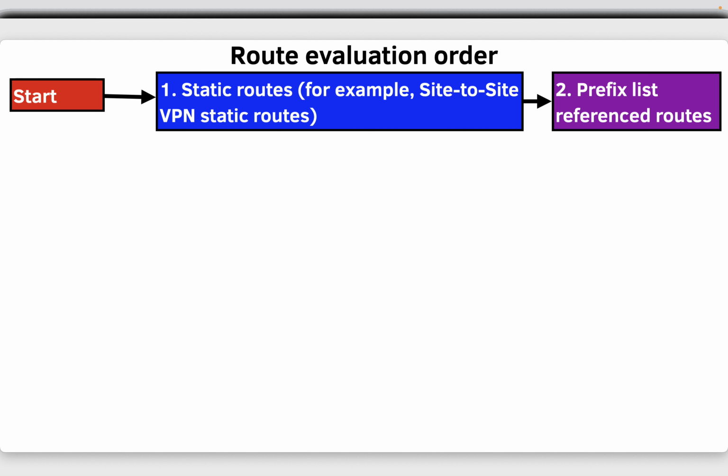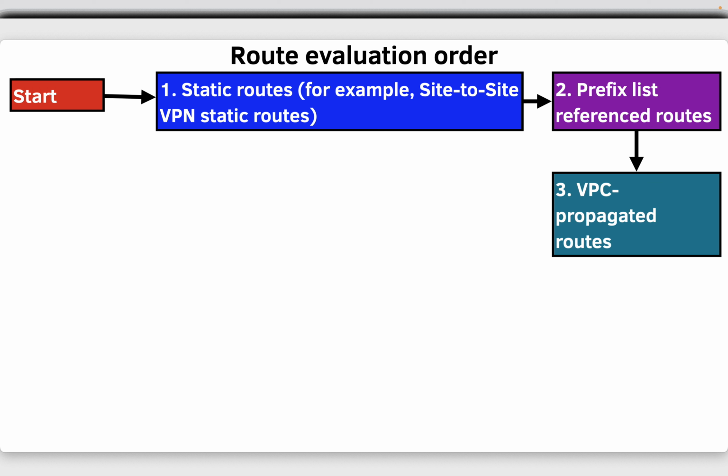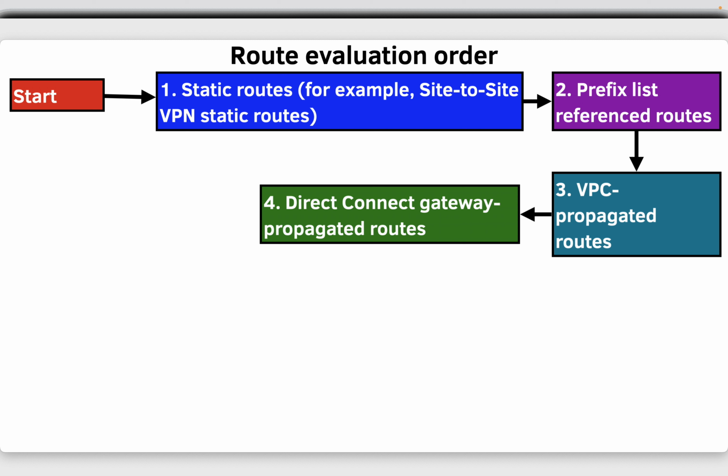Second priority is prefix list referenced routes. Third priority goes to VPC propagated routes. Fourth priority is direct connect gateway propagated routes. Propagated is something which it has learned from one device and then it propagates, like it gets distributed over the network. So that we call propagated routes.